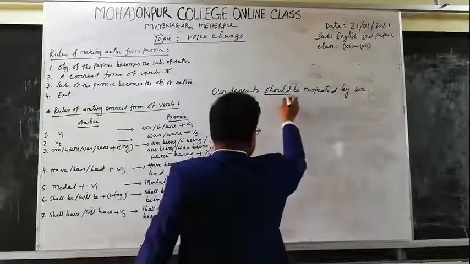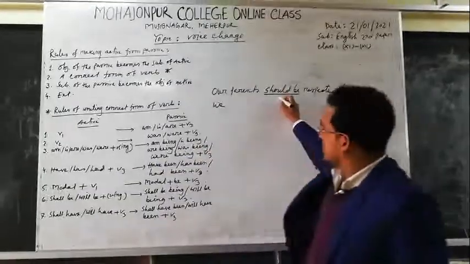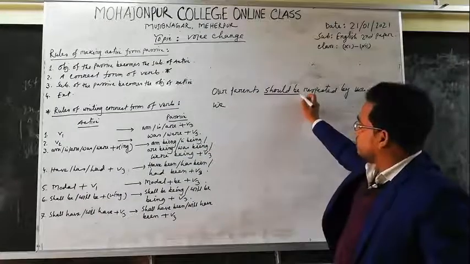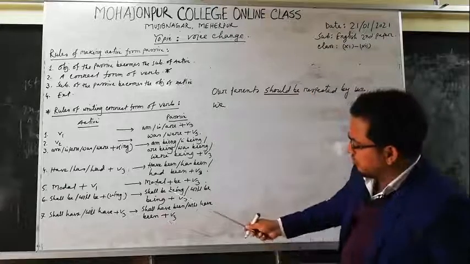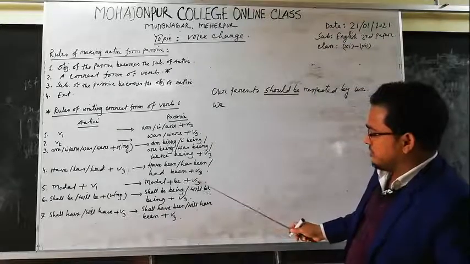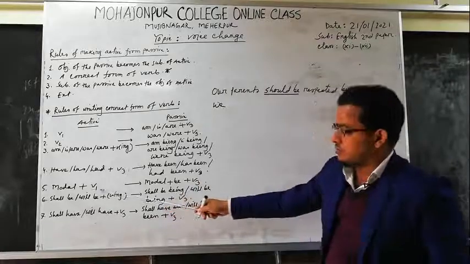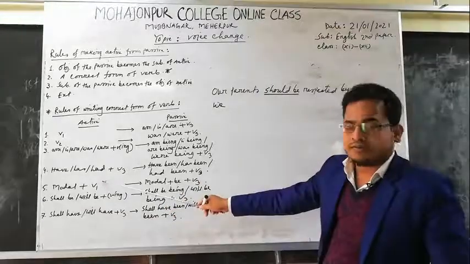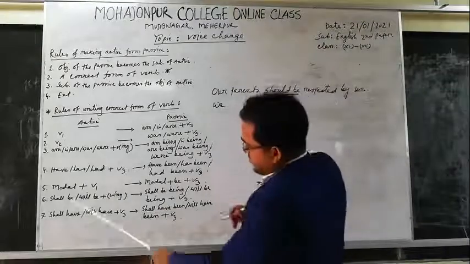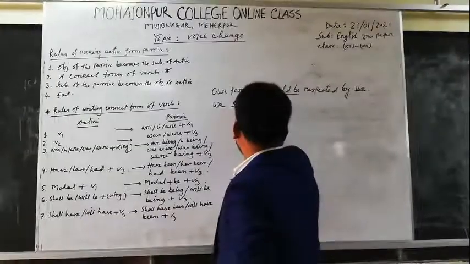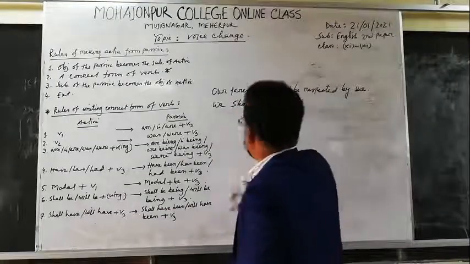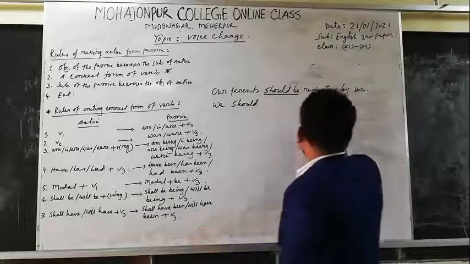Here there is should be, there is a modal verb should be, so if there is modal plus be plus v3, that will become modal plus present form of verb. So we can write modal is should, and then present form of verb respected.